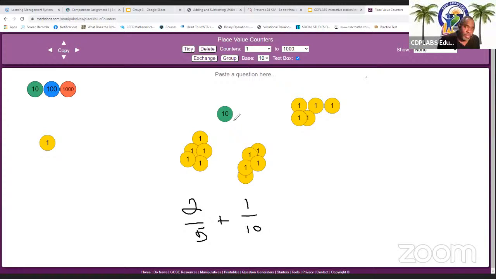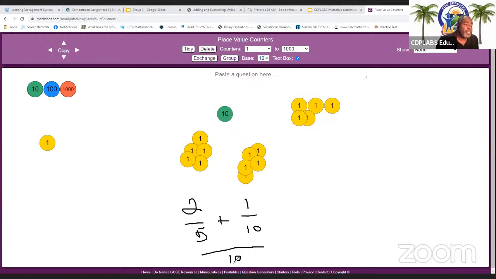So therefore, 10 is a multiple of both of them, and it is the lowest one. Because you could have 50, as somebody came up with today. It's a multiple of both 5 and 10. You could also use 20. But they wanted to use the lowest one. So once you find the multiples of both numbers, you find the lowest one, which is 10 in this case.